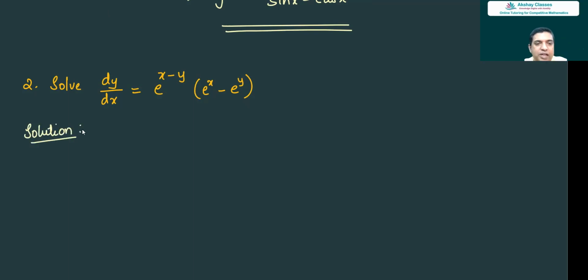So we just have to do manipulation. When we get an equation, we don't know whether it is variable separable, a linear differential equation or what, but by hit and trial, you should see how it is. So let me multiply by e power y.